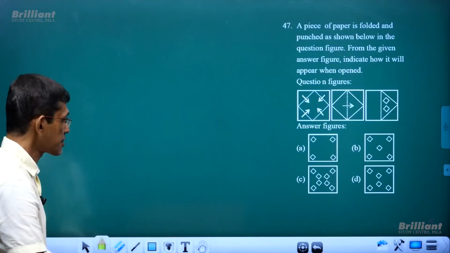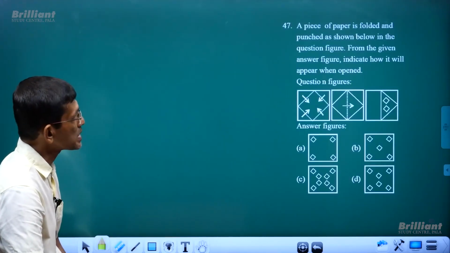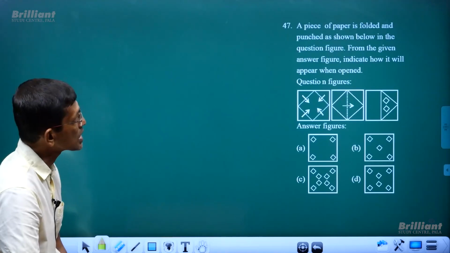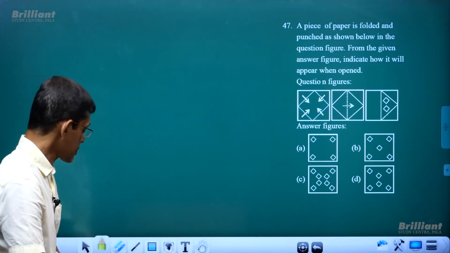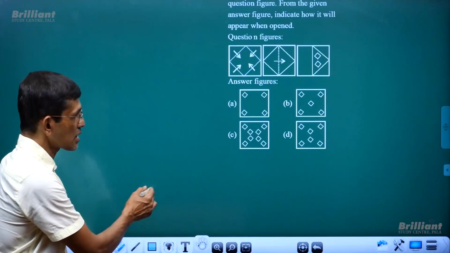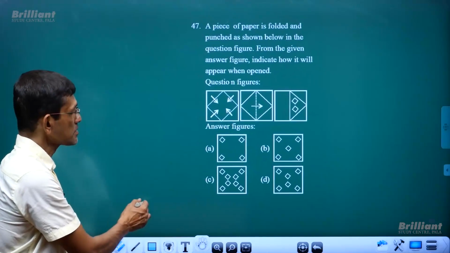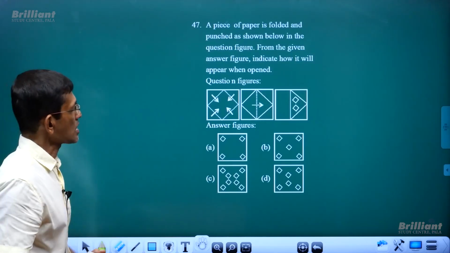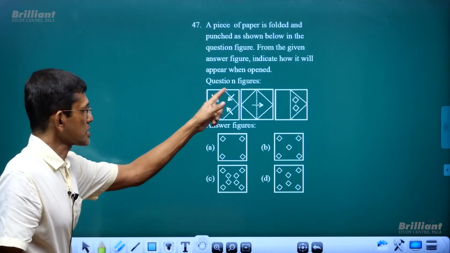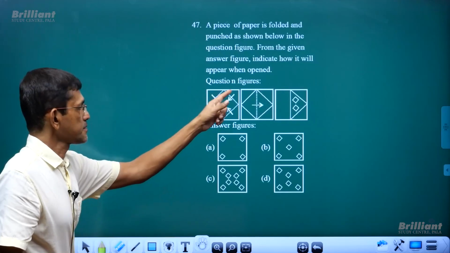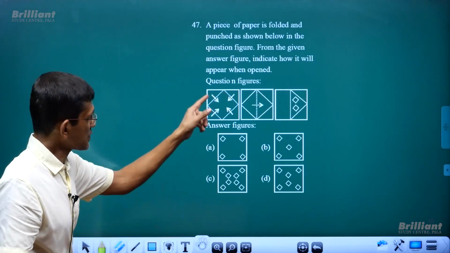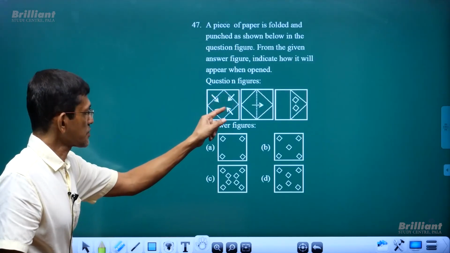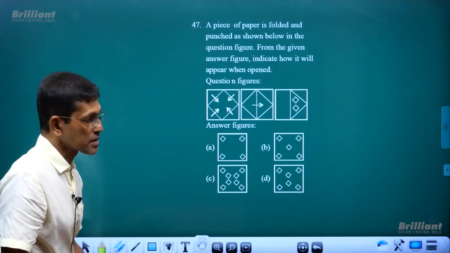Okay, so next one here. A piece of paper is folded and punched as shown below in the question figure. Okay, let's take a look at that one. A piece of paper is folded. This is the piece of paper. And that is folded at the 4 corners.